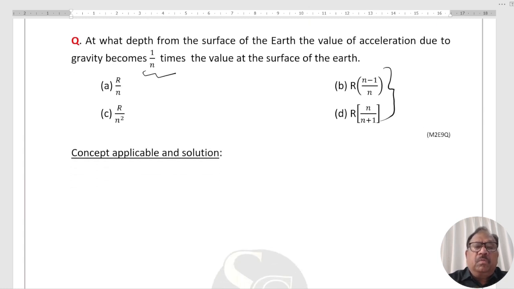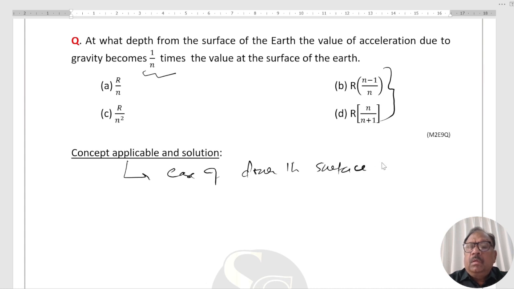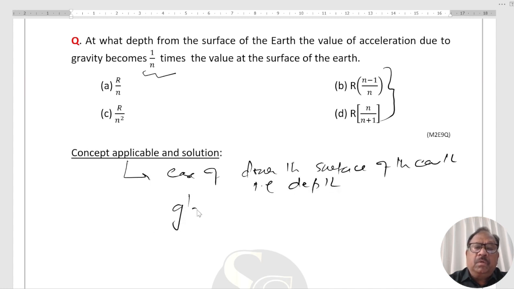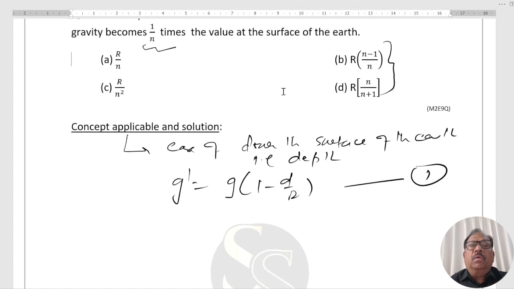Concept applicable in the solution: it is the case of going down below the surface of the earth, that is the case of depth. g dash equal to g into 1 minus d upon R. This formula is applicable.